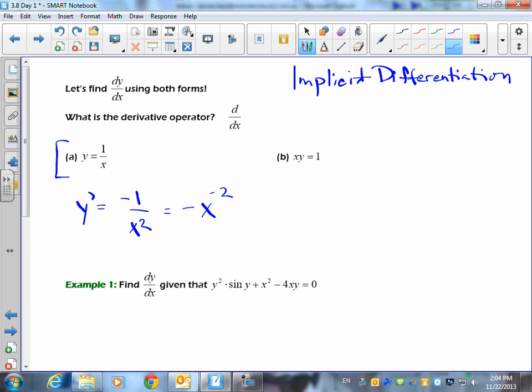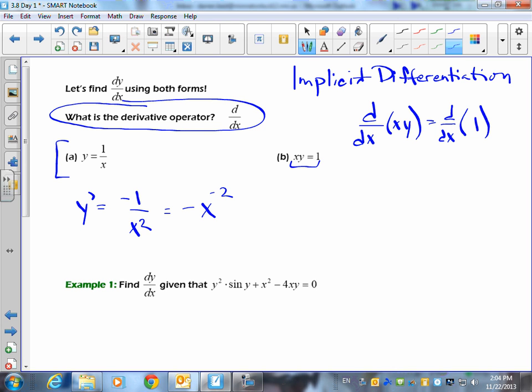What I'm going to do to this implicitly defined equation is I'm going to write a command on the left and on the right. Now, differentiation, the operator d dx, tells me to take a derivative. That is, you can differentiate both sides of an equation and maintain the equality, just like adding 2 to both sides or dividing both sides by 3.